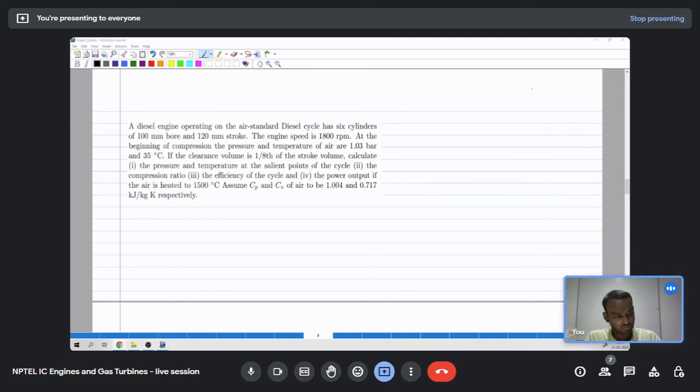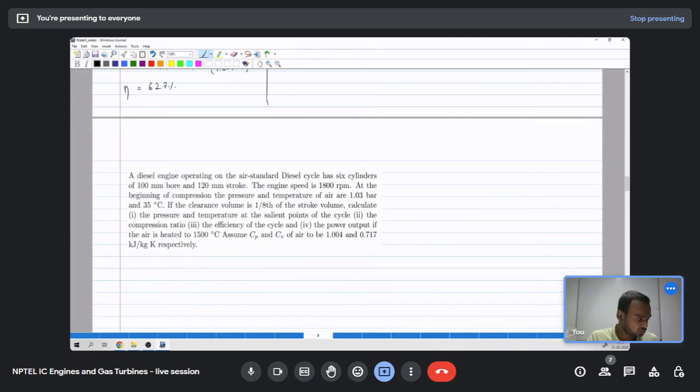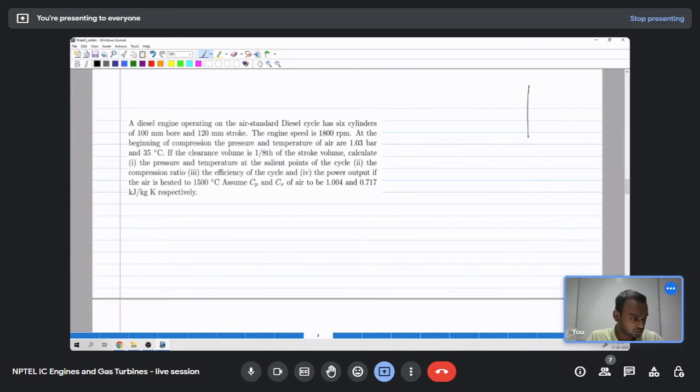Okay, again I will start with the diesel cycle. Now P1 is given as 1.03 bar, T1 is 35 degrees Celsius, so this is 308 Kelvin.